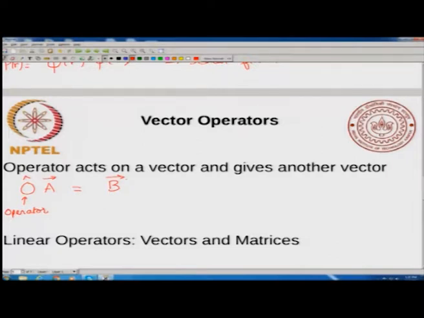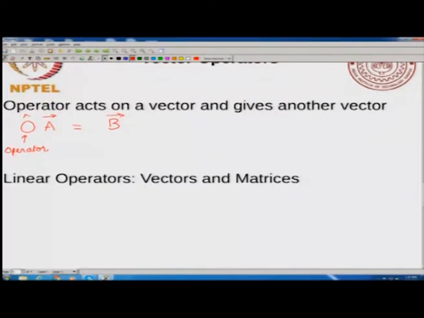But there are certain kinds of operators that we will be really interested in, and these are what are called linear operators. Let us take some examples of operators, and let us work in 3D.